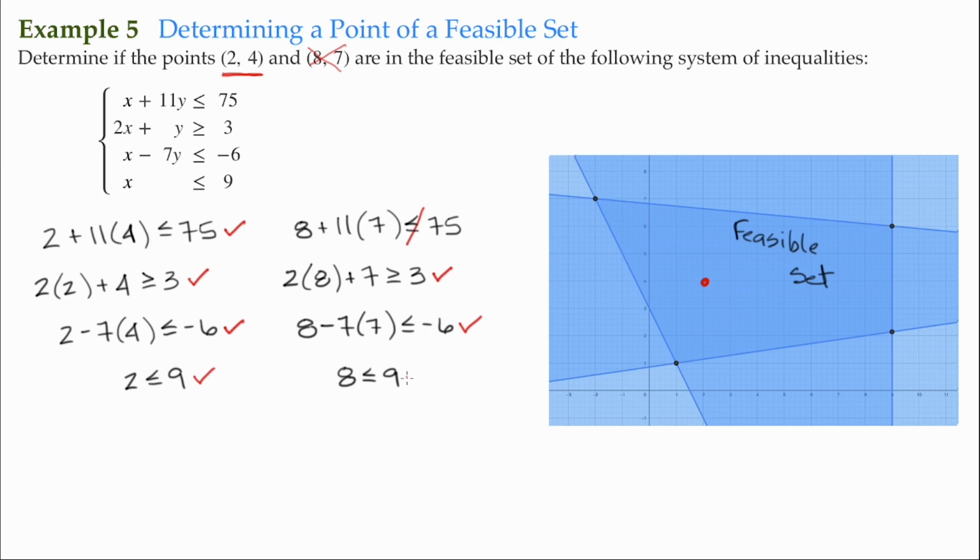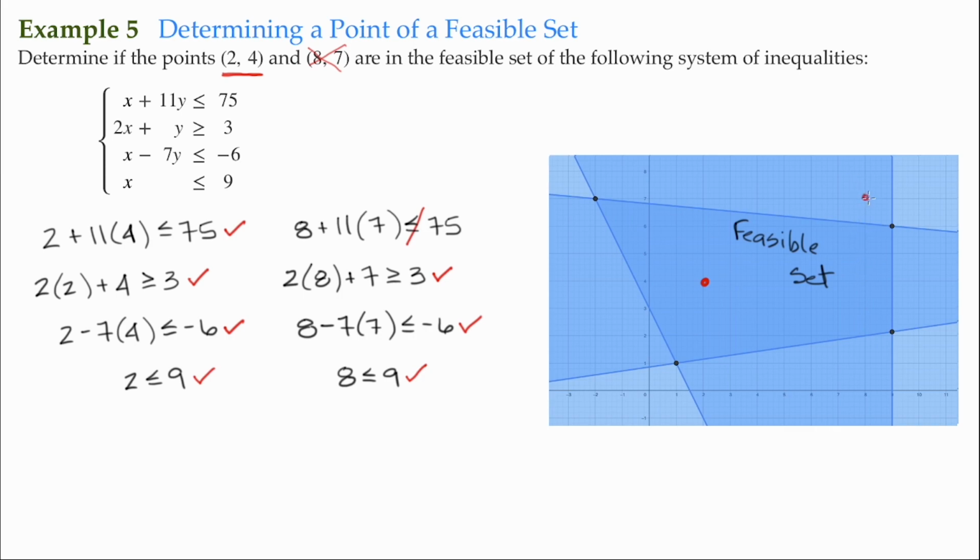So it satisfies the other three inequalities, but it has to satisfy all of them in order to be in the feasible set. So we're going to graph it just to see visually. We'll go 1, 2, 3, 4, 5, 6, 7, 8, and then up 7: 1, 2, 3, 4, 5, 6, and 7.